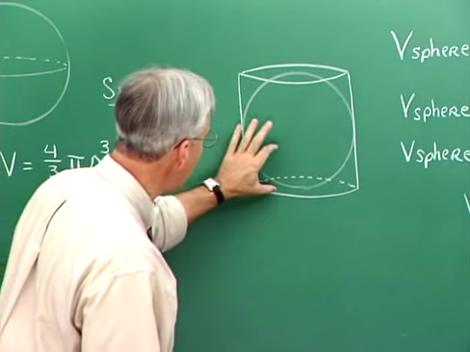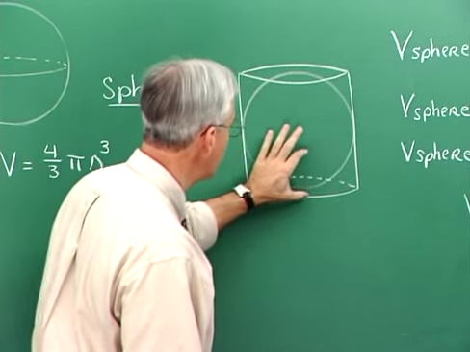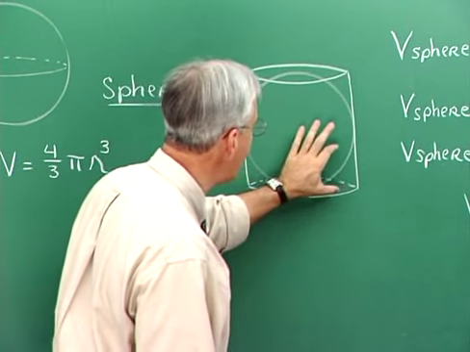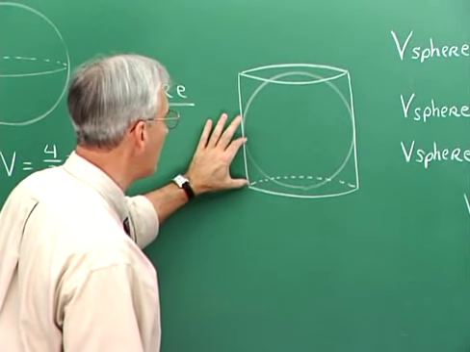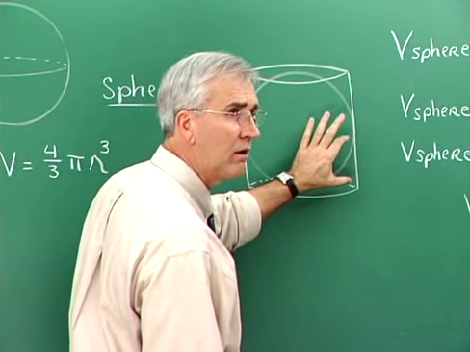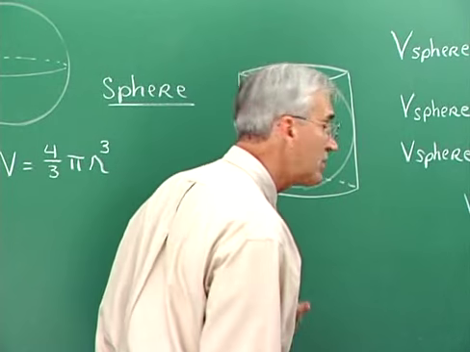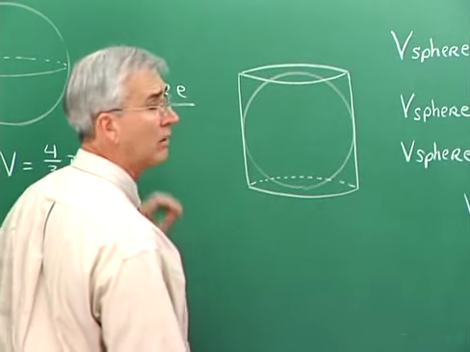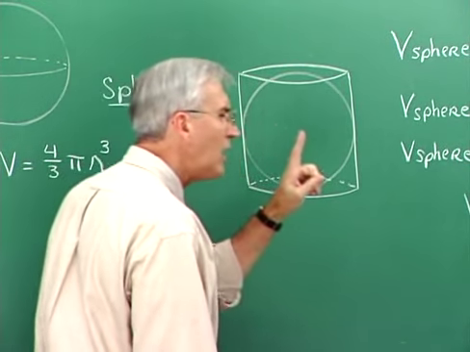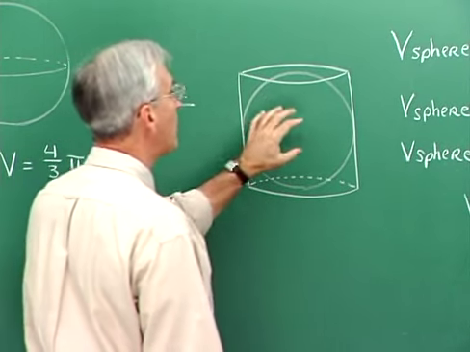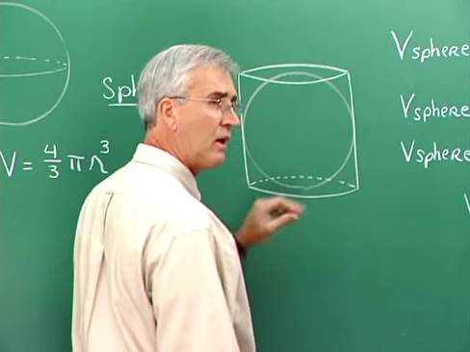And he measured it very carefully, many, many times. And he found that the water remaining was 1/3 of the water that he started with. He reasoned, therefore, that the sphere had displaced 2/3 of the water. So the volume of the sphere was 2/3 the volume of the overall cylinder.